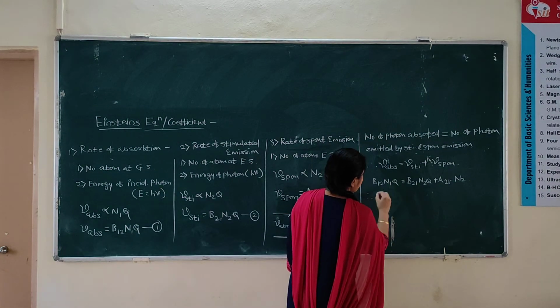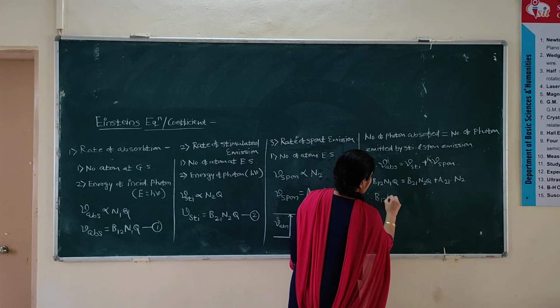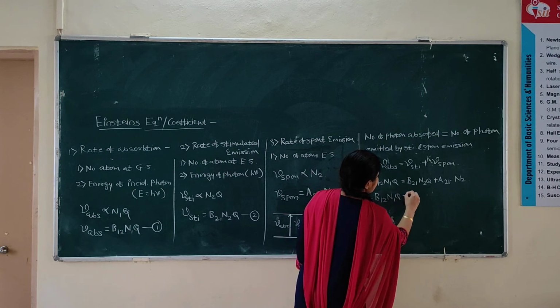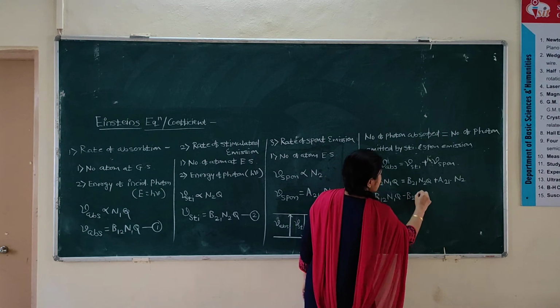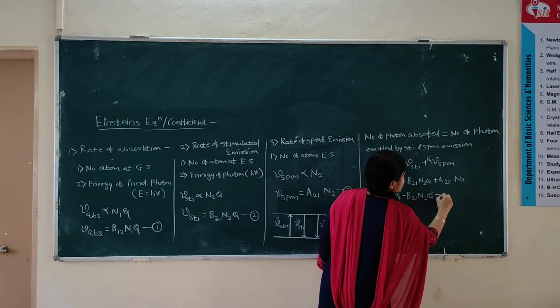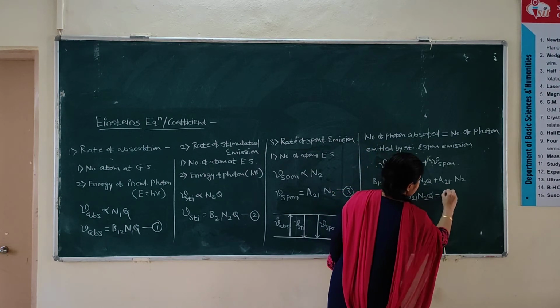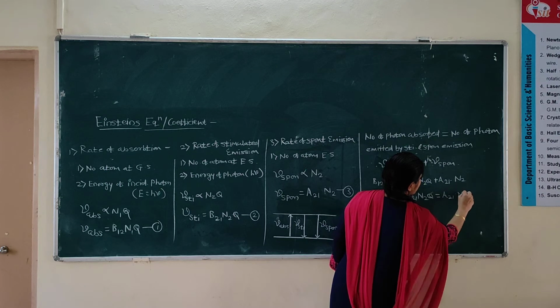Therefore we can write: B12 N1 Q minus B21 N2 Q, and the right side term as it is, that is A21 into N2.